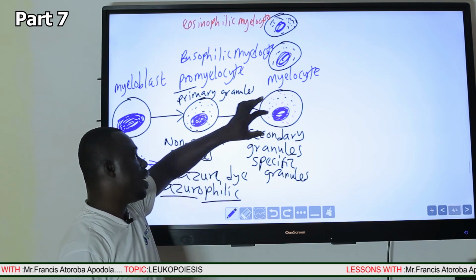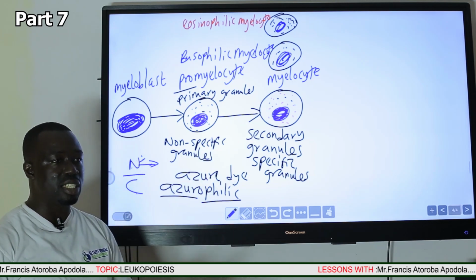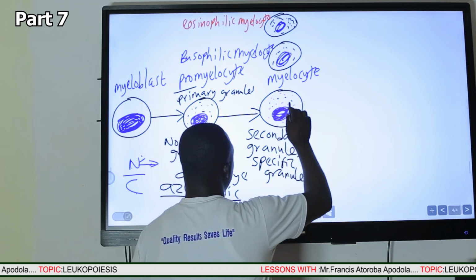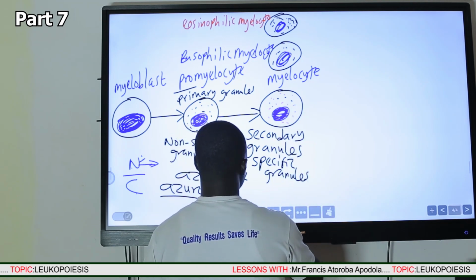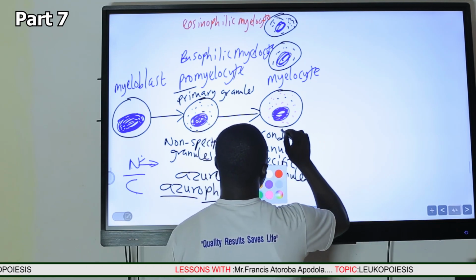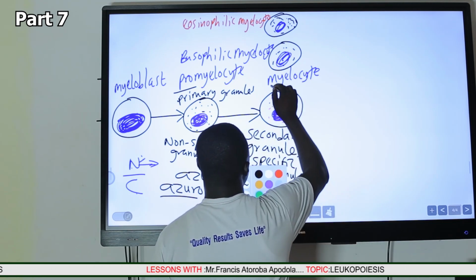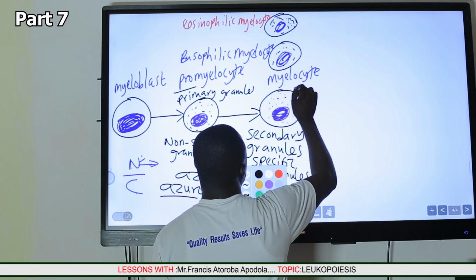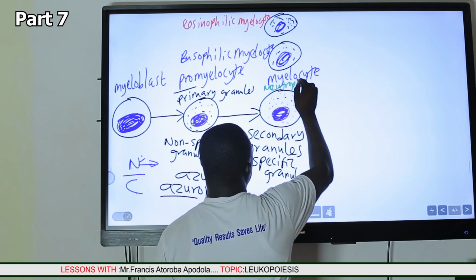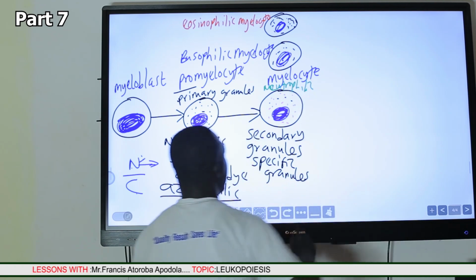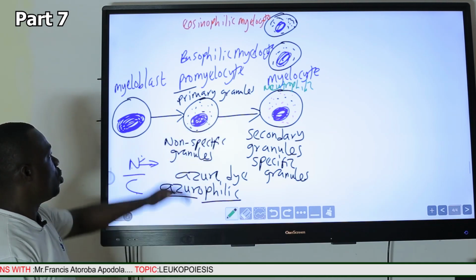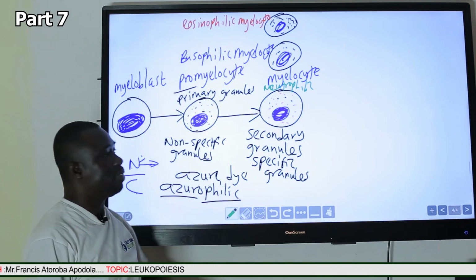And these cells were described as neutral. And for the fact that they are neutral, we say they are called neutrophilic. So we have our neutrophilic myelocyte.